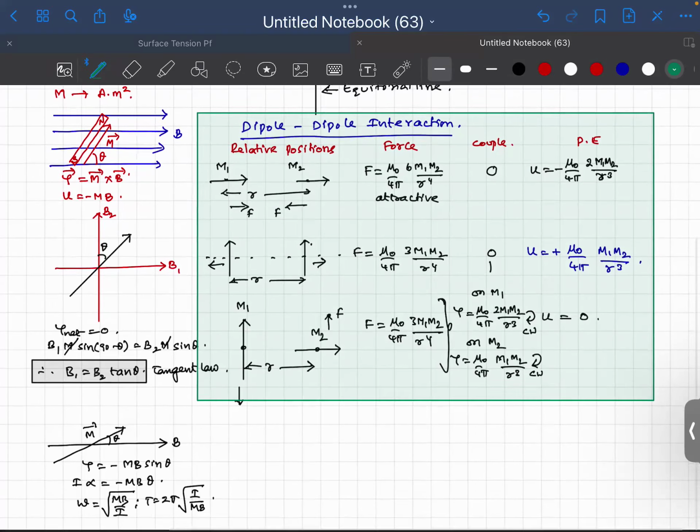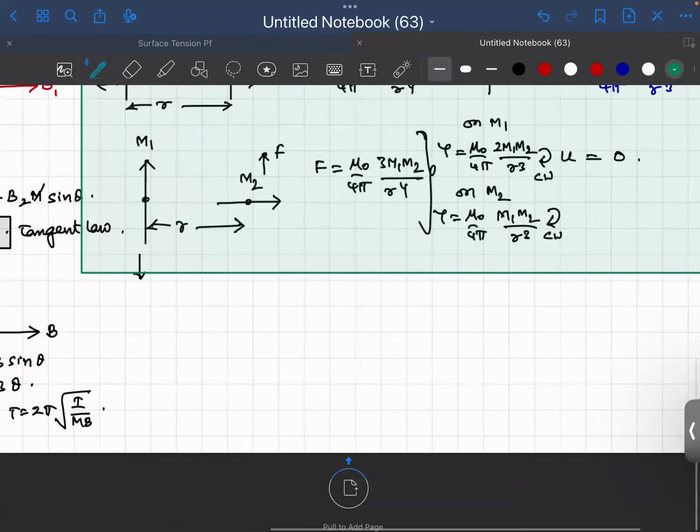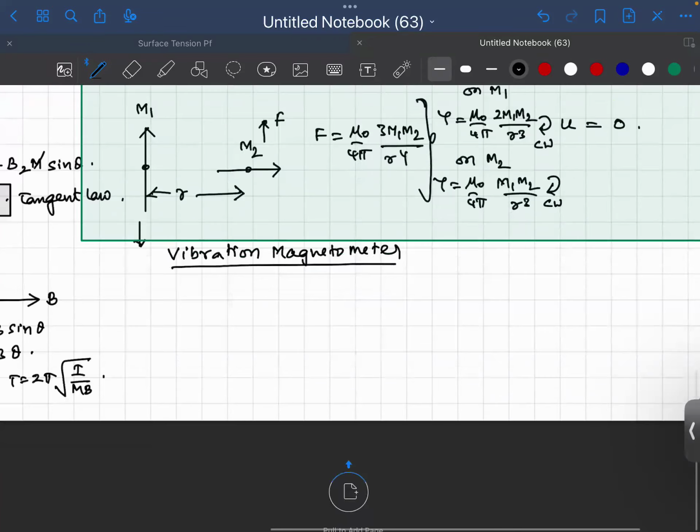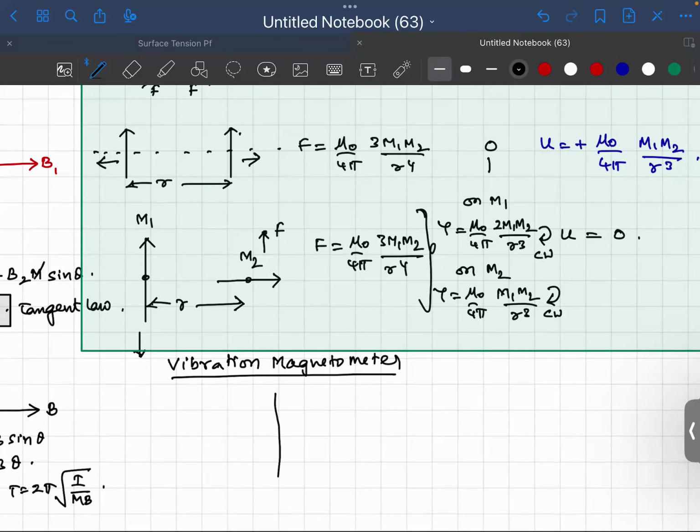There is an arrangement called the vibration magnetometer, which was not there in NCERT, remember. In this case, the magnet, in the form of a magnetic needle, will align along the direction of the Earth's magnetic field, BH.